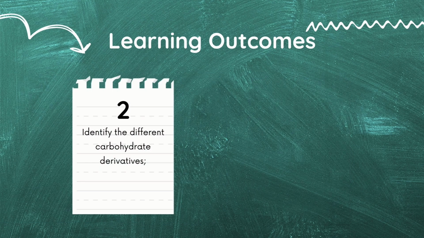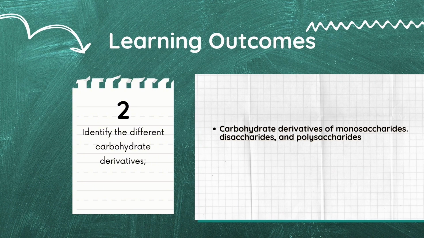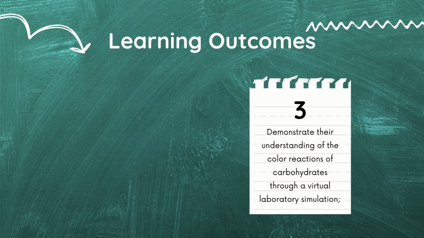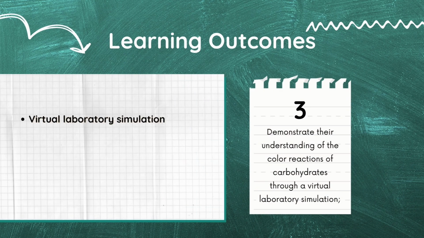We went through various carbohydrate derivatives, including monosaccharides, disaccharides, and polysaccharides, as well as their respective structures and functions. So, that's another one checked off. For the third one, we offered a virtual laboratory simulation where you could see the practical application of the color reactions we discussed. So, that's another.